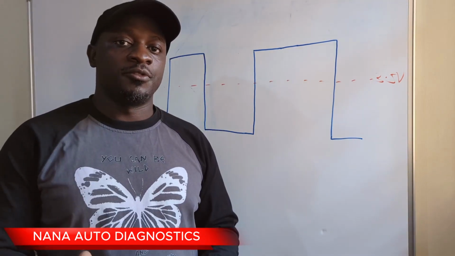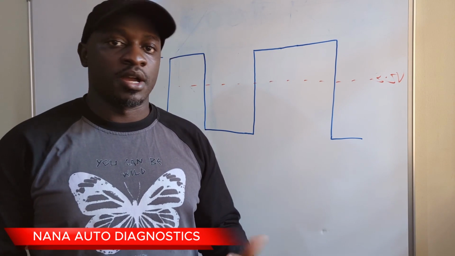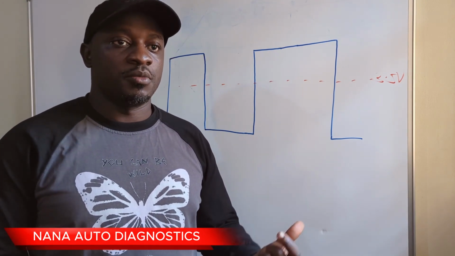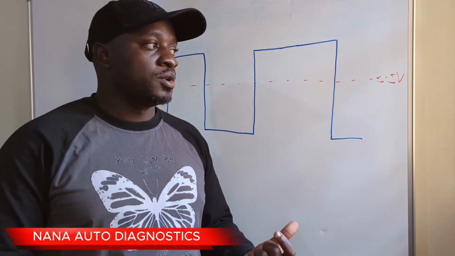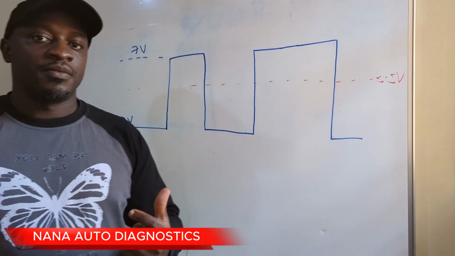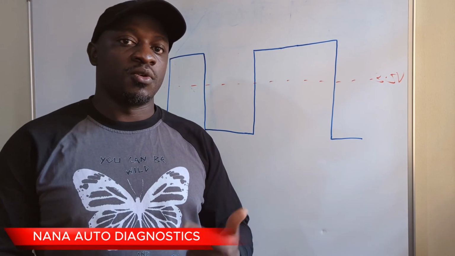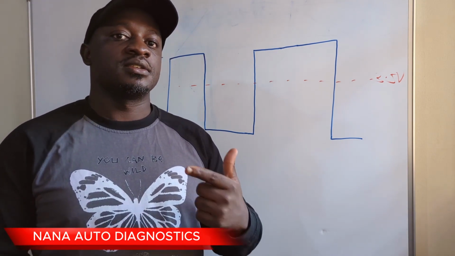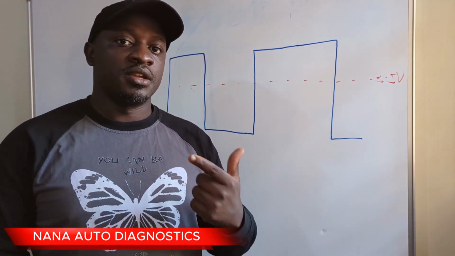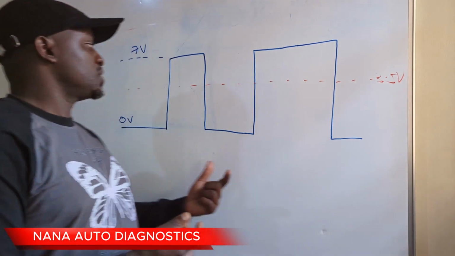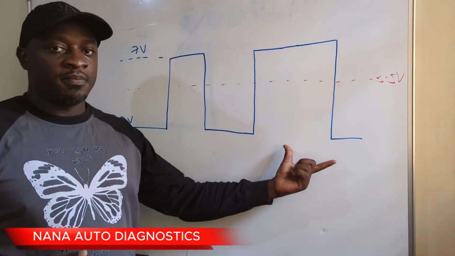Let me also share briefly about the common faults that we may encounter with this communication protocol. So whenever you have this wire, remember it's a single wire, if it is shorted to battery voltage, it means we shall not have this square wave.